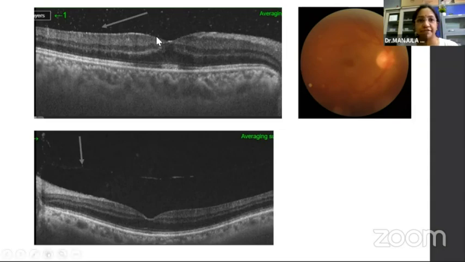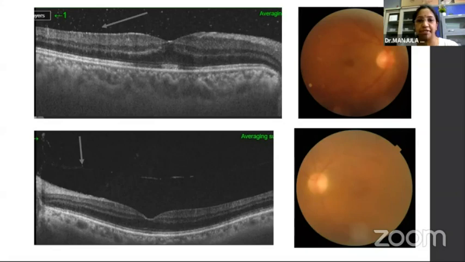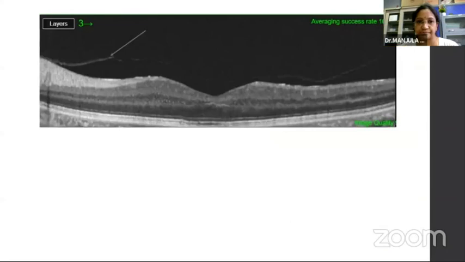So here in the first picture, these hyperreflective dots represent blood. Whereas in the second one, the gentleman came with floaters and he had vitreous haze of 3+. Hence in the second OCT, these hyperreflective dots represent inflammatory debris rather than blood. So whenever you read an OCT, you should be thorough with your clinical picture, either mentally or next to you.